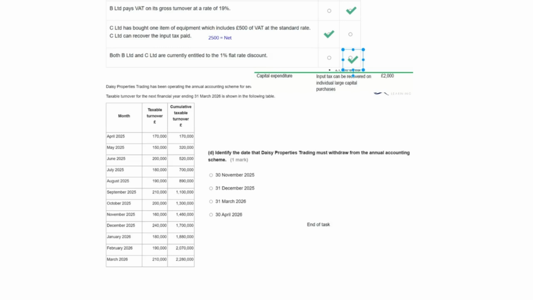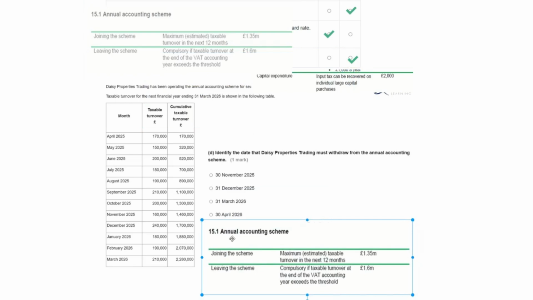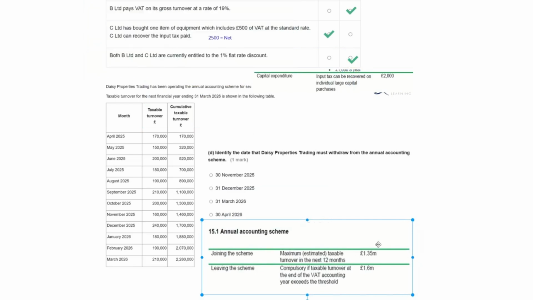So, reference material to help us with this. So it says leaving the scheme is compulsory if taxable turnover at the end of the VAT accounting year exceeds the threshold. So we've got a threshold of 1.6 million and it's at the end of the VAT accounting year.